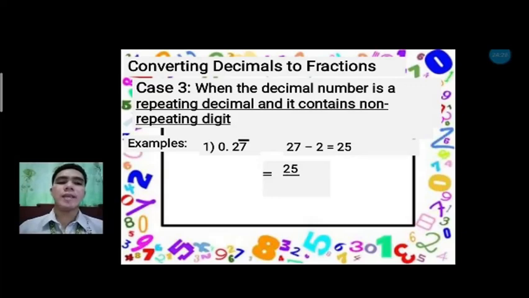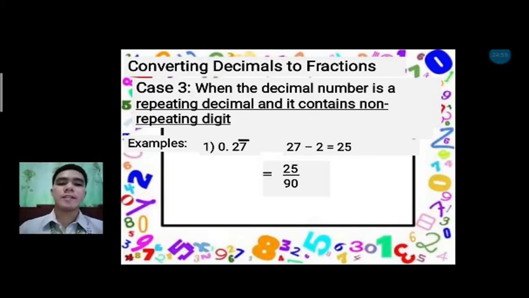And for the non-repeating digit, we have 0 in the denominator. Since we only have one non-repeating digit, we also have one 0 in the denominator. So you will write 0 after 9. Therefore, our denominator is 90. So 25 over 90.